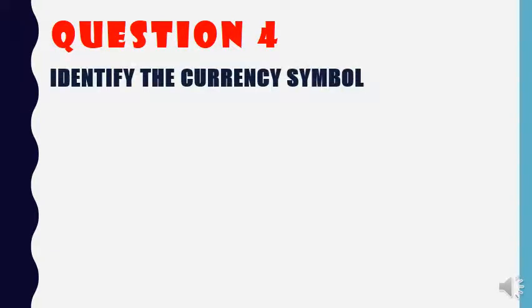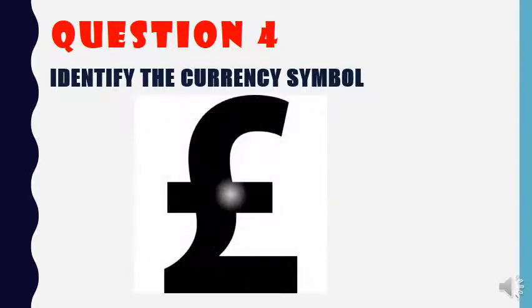Next, question number 4. Identify the currency symbol that will be shown right now. So which currency has this symbol? It is a very, very famously known symbol. Come on, these are the last 2 questions now.